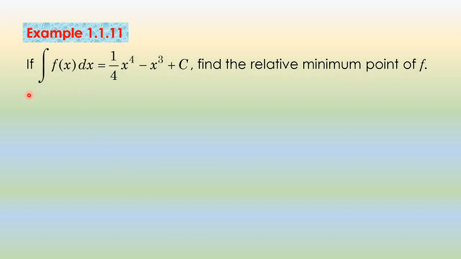Let us have another one. Example 1.1.11. If the integral of f of x dx is equal to 1/4 x to the fourth minus x cubed plus c, what is the relative minimum point of this function, small f of x?